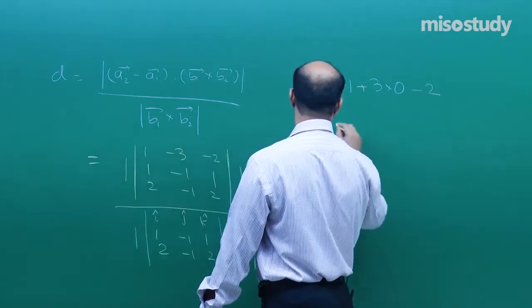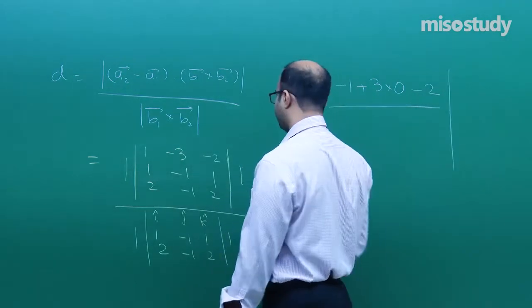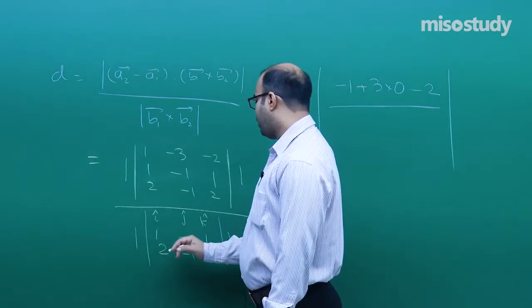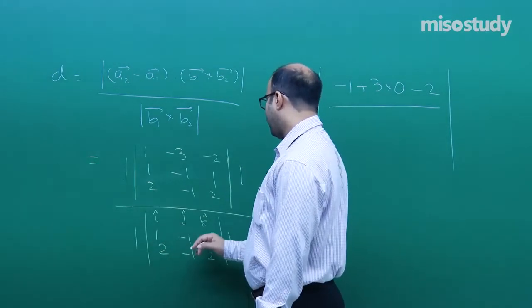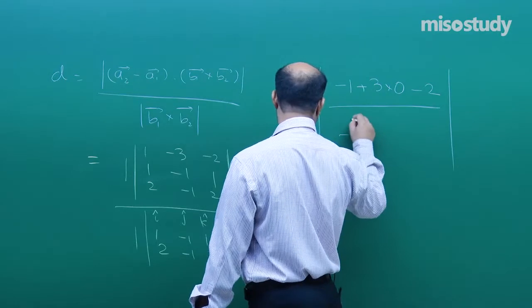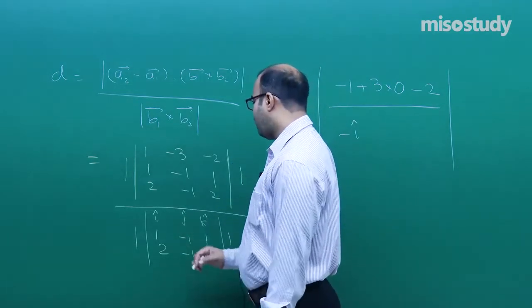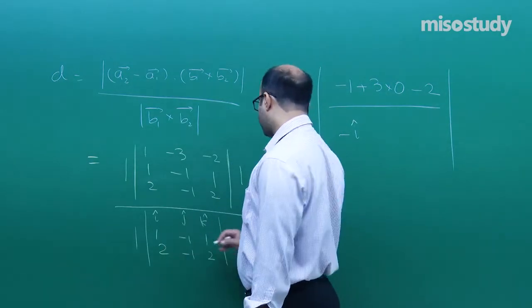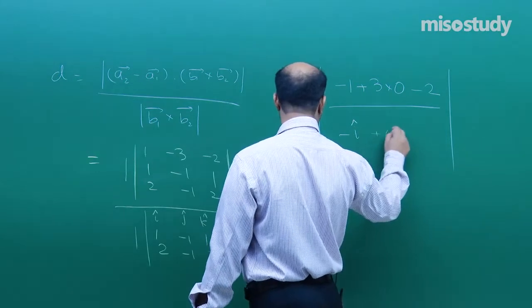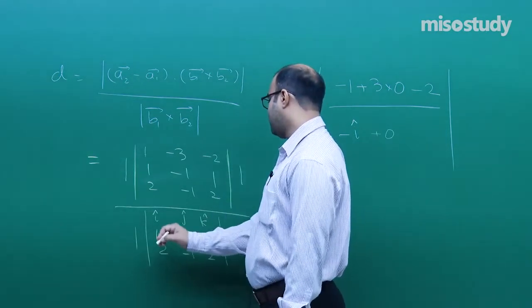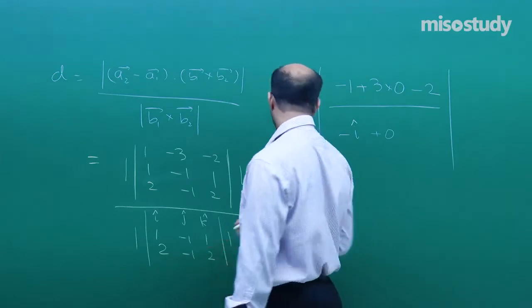The i component will have minus 2 and then plus 1. So minus i cap. For j cap it is 2 minus 2, 0, and for k cap it is minus 1 plus 2, that is 1.